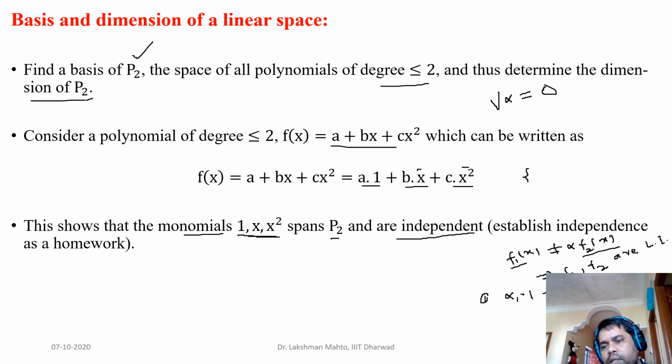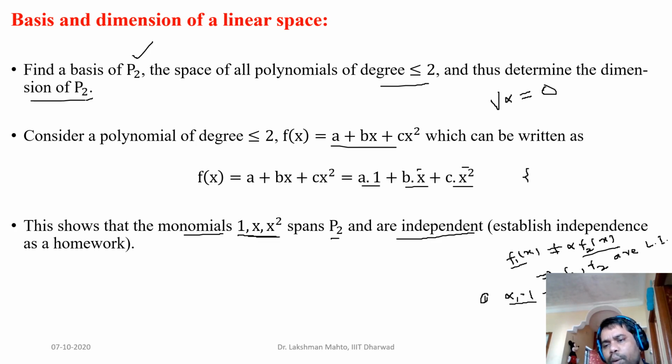The first term would be 0, because there is no x term there. In the next there is a linear term, so only alpha 2 would come, and in the last term you will get 2 times alpha 3 times x, because the derivative of x square is twice x. On the right-hand side we are having 0, and the derivative of 0 is always 0.